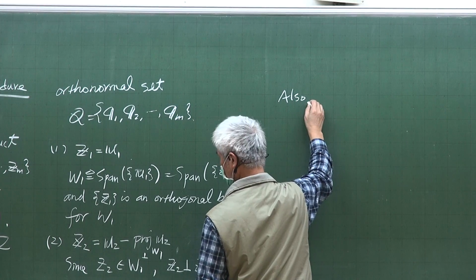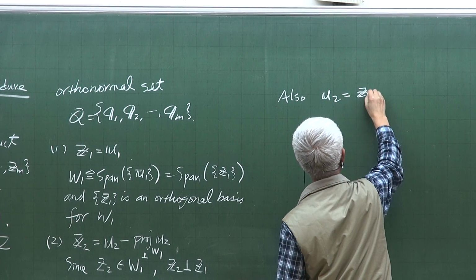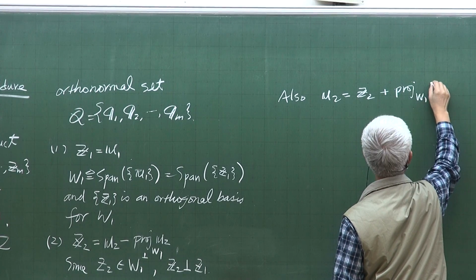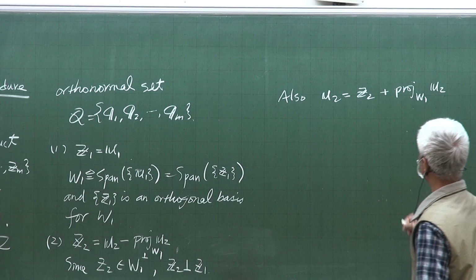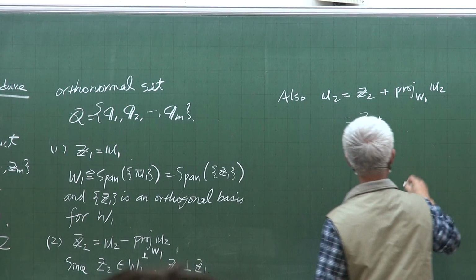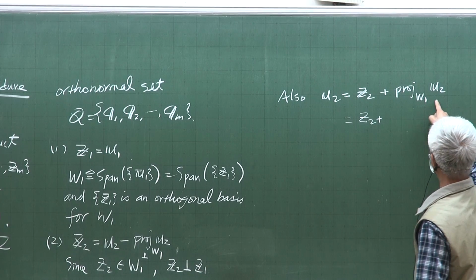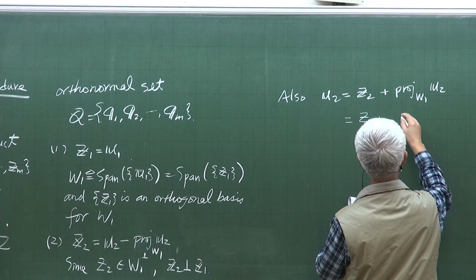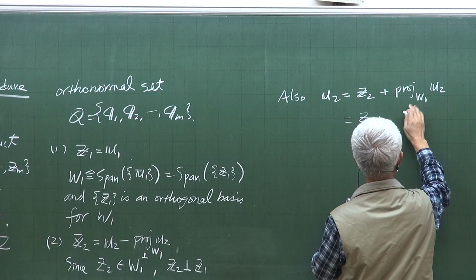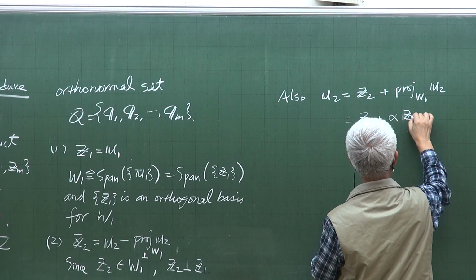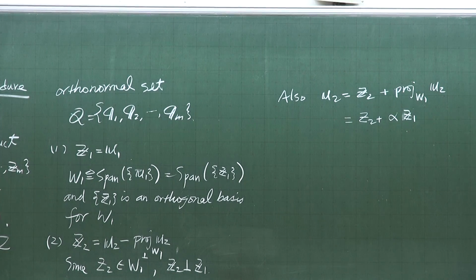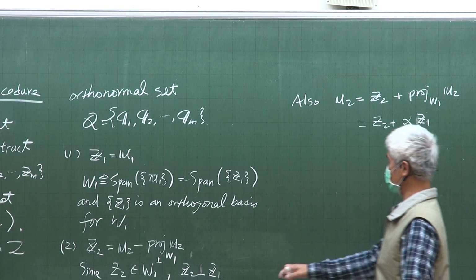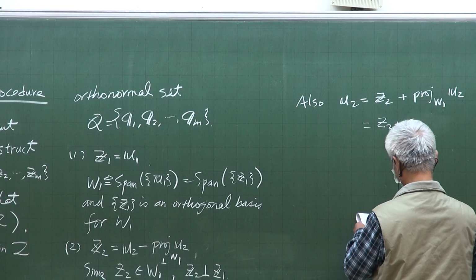Also, U2 becomes Z2 plus the projection of U2 onto W1, which is equal to some alpha times Z1. Actually, I think I can just write it down.